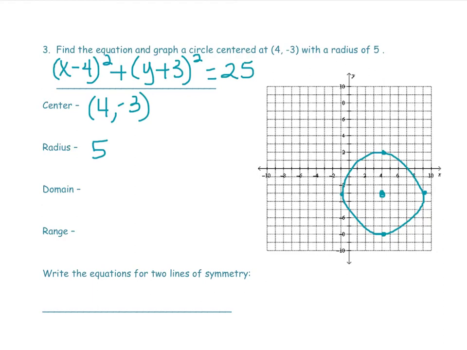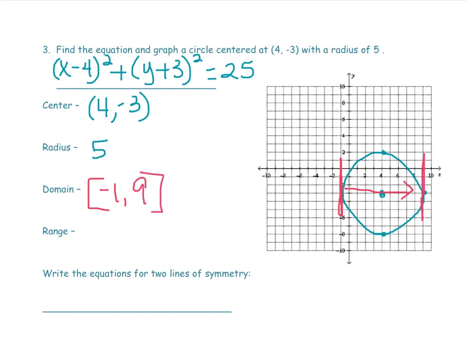Now that we've done that, we're ready to state our domain and range. First, let's do the domain. If I start over here on the left side of the circle, this would be where x is -1. So that means my domain will start at -1 and it will go all the way to right here where x is 9.